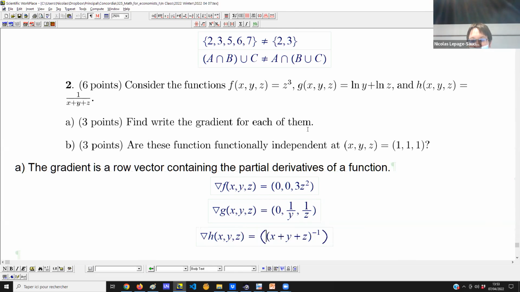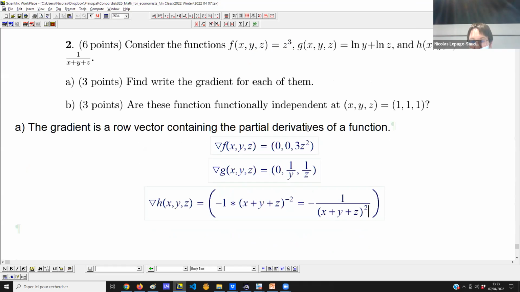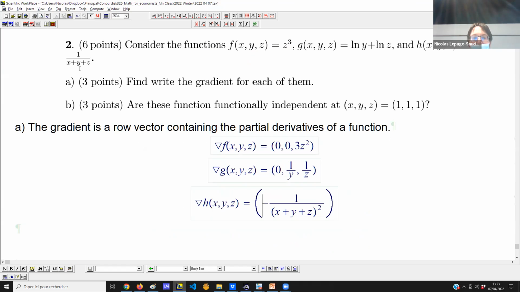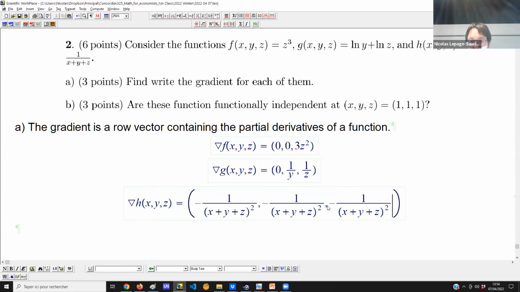It's just -1, so -2, so that's minus 1 over (x plus y plus z) squared. That's the outer function, and then the inner function using the chain rule, dx dx is just 1. I get the same for y and the same for z as well. All right, so we're good.